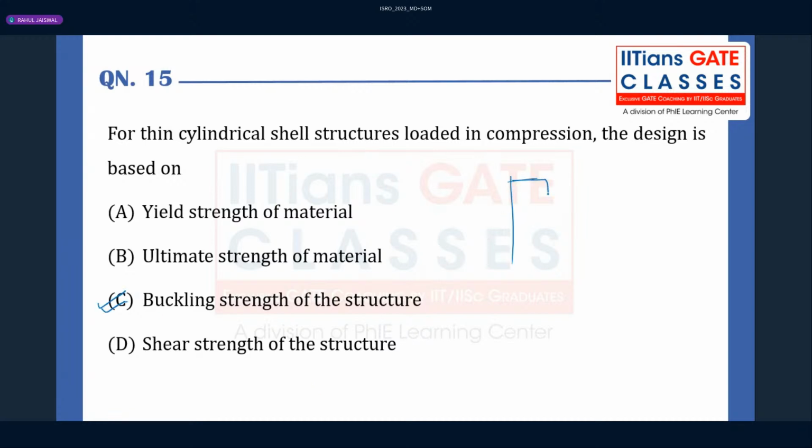Whenever any structural member is subjected to axial compression, we have to design based on buckling strength, because usually the length of pressure vessels or thin cylindrical structures is higher. Whenever the lengths are higher, the chances of buckling are higher as compared to crushing, right?